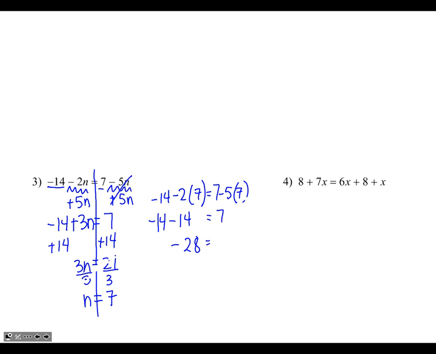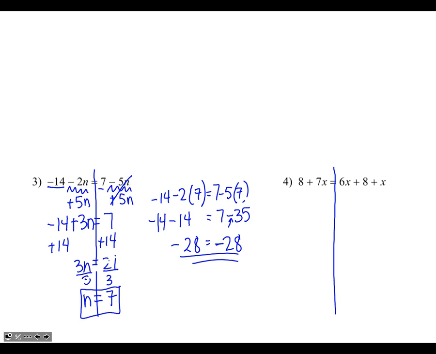Over here, 7 minus 5 times 7 is 35. Let's see, signs are different because I got positive 7 and negative 35, so I find the difference. 35 minus 7 is 28, and the negatives have more, so it's going to be negative, and sure enough, that checks. So n does indeed equal 7.